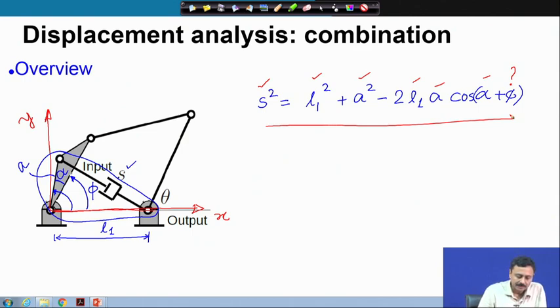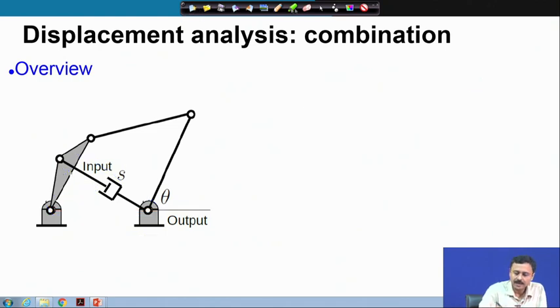Once I know phi, then I identify the angle phi plus alpha as, let us say, theta 2, it is only phi.